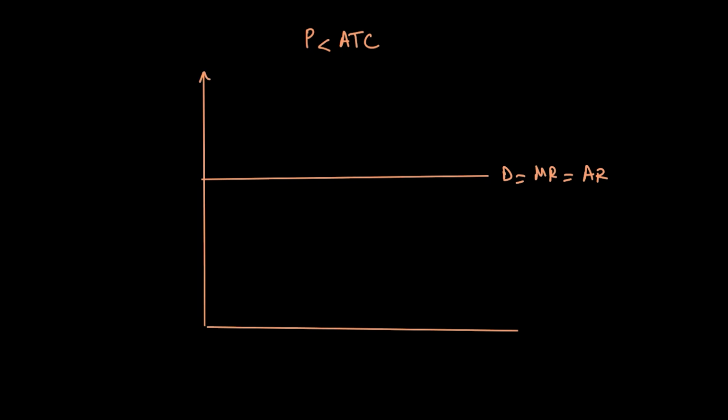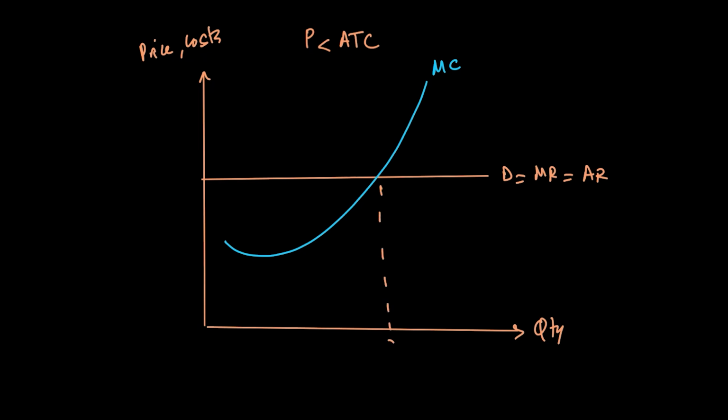Then let's say this is my marginal cost. The point where MC equals MR is where we maximize profits. So Q star is the quantity where we're maximizing profits. But if the ATC is much higher than the price, like in this case, then at MC equals MR, or Q star, when the price is, let's say, $5, our ATC is higher.